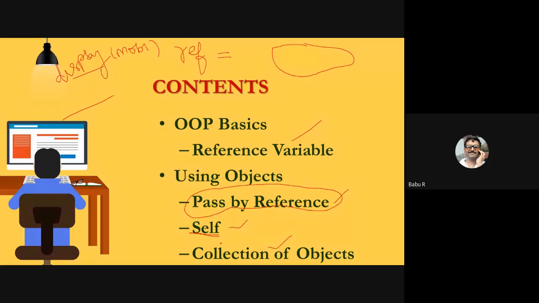That is possible. And each and every object is associated with an ID. So if both reference variables are referring to the same object, both will have the same ID. If both reference variables are referring to different objects, you will have different IDs for both.